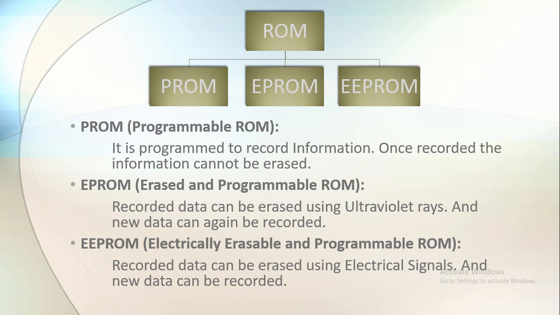EEPROM, like EPROM, is also a type of read-only memory where the data stored is erased electrically, means by using electrical signals, and again in that ROM the new data can be recorded. That is why it is called electrically erasable and programmable read-only memory, means the data can be erased using electrical signals.